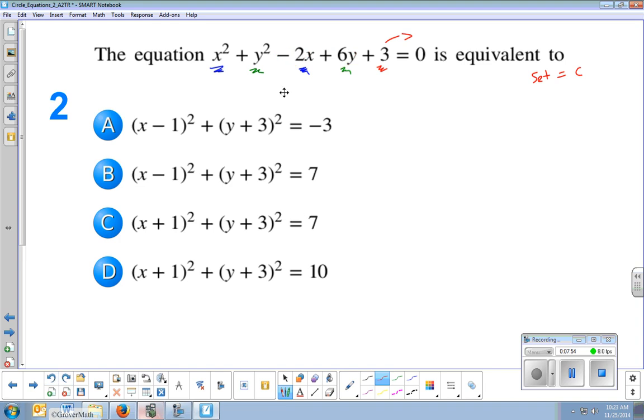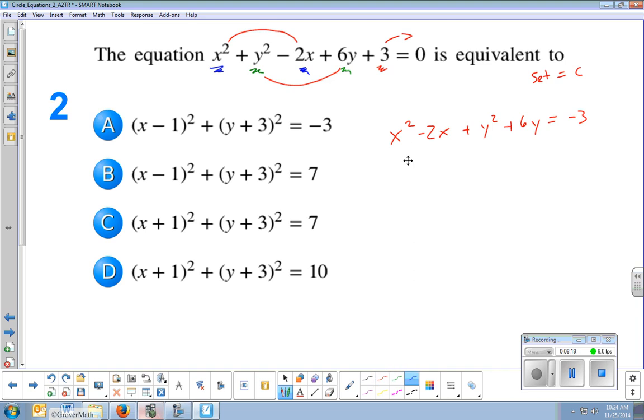So let me show you how I'm going to rewrite this. I'm going to write it as x squared, and then minus 2x, and then plus y squared, and plus 6y, and I'm going to set it equal to negative 3. So I subtracted 3 over, that's my constant being subtracted over, and I grouped together these two pieces and these two pieces, just rearranged it a little bit.